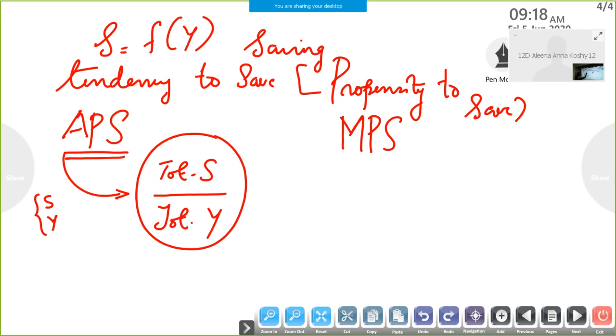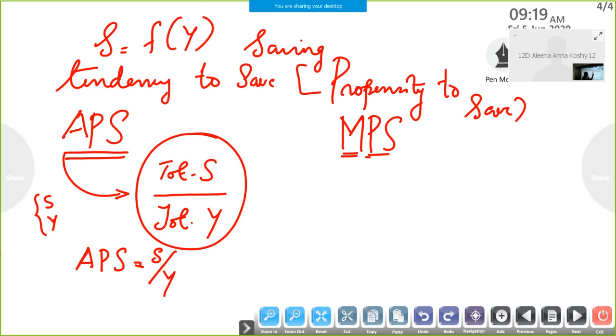Average propensity to save shows the ratio between total saving and total income. That is average propensity to save. So we can write the formula APS is equal to S by Y. Clear? Previously what we studied, APC is equal to C by Y. Here APS shows S by Y. Then MPS, the same concept we can take here.